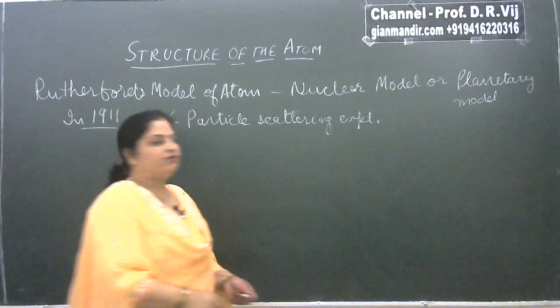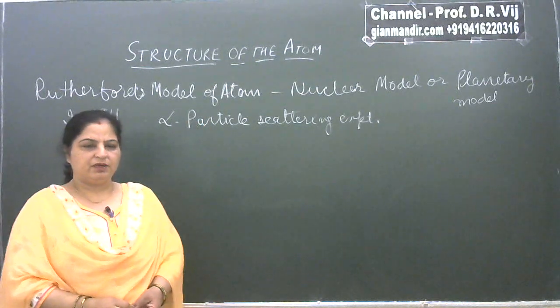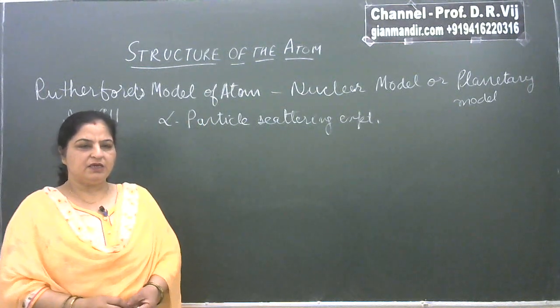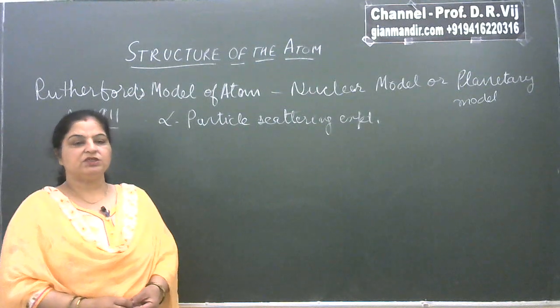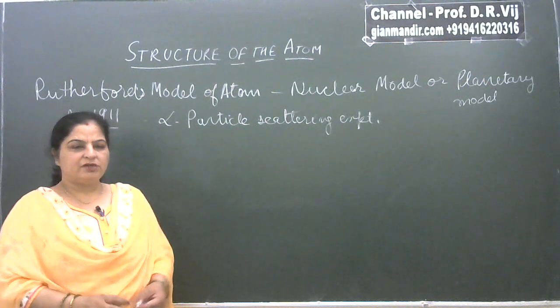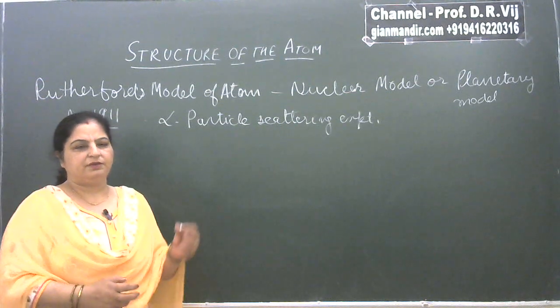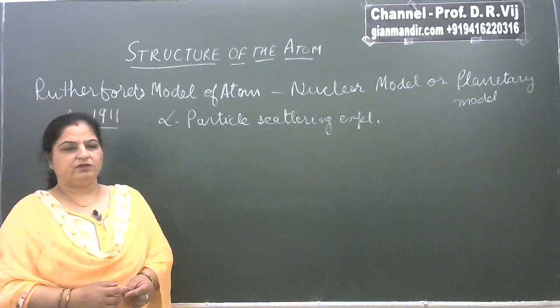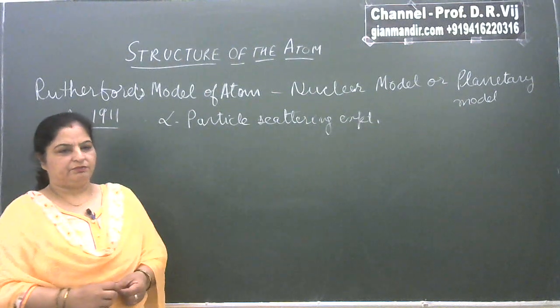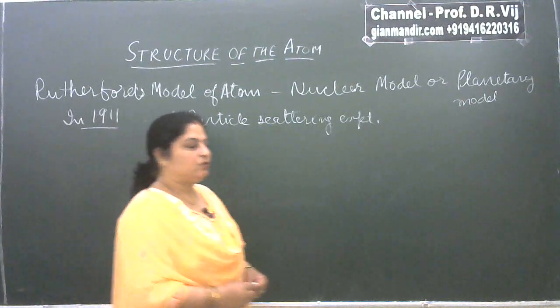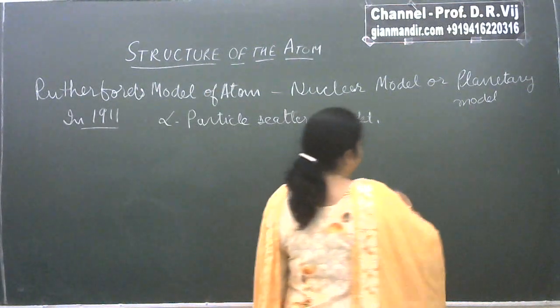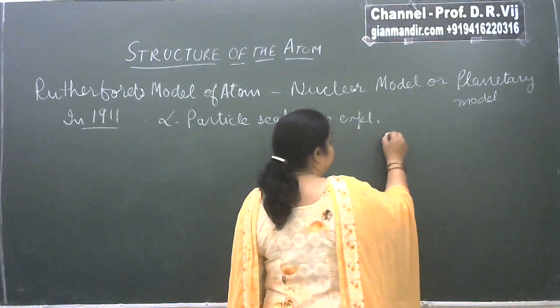The observations he got were totally shocking. They were totally different from what was expected on the basis of Thomson's model of atom. So first of all, you should know what Rutherford's alpha particle scattering experiment is.